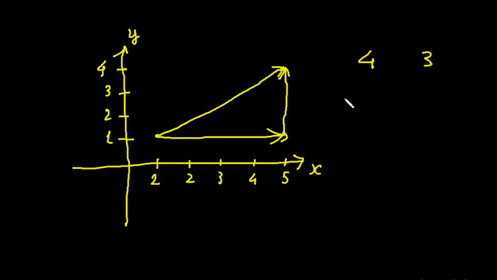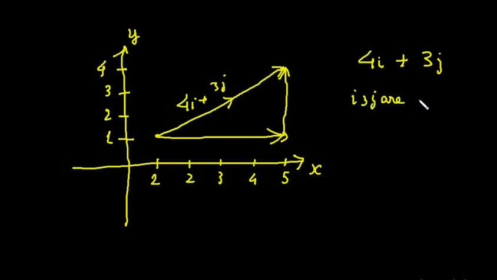When a vector is presented in a coordinate system, we need to add the values here, 4i and 3j. Why? This vector is represented in this form: 4i plus 3j. Because i and j are the unit vectors.